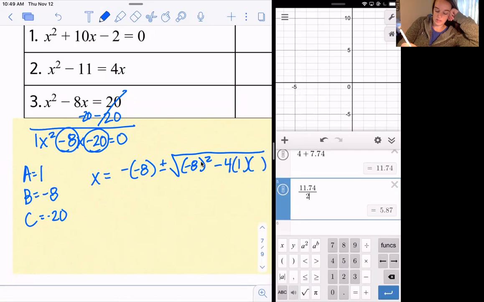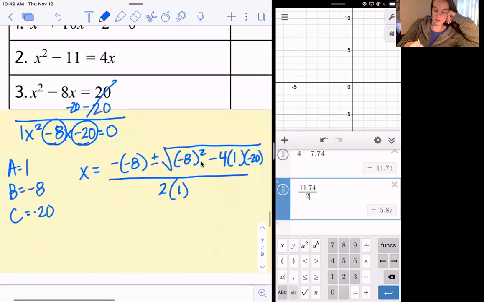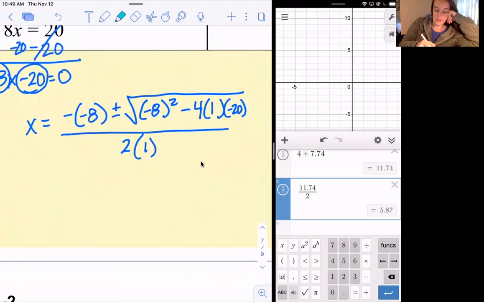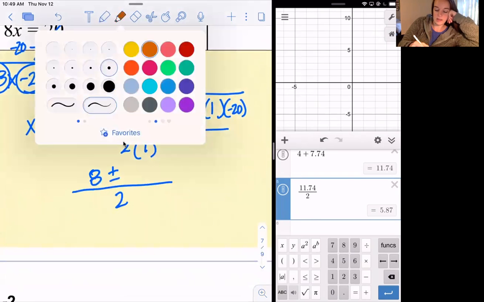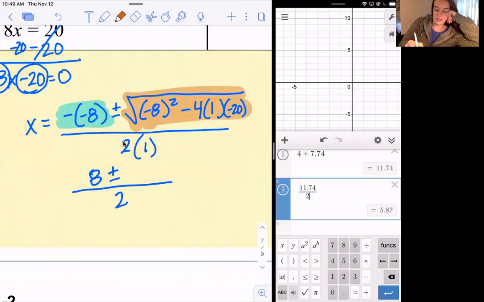A is 1, c is negative 20, all over 2 times a, which is 1. So for the first zone, negative times negative 8 would be positive 8. For the second zone, 2 times 1 would be 2. This is plus or minus, and I need to deal with the square root part here.